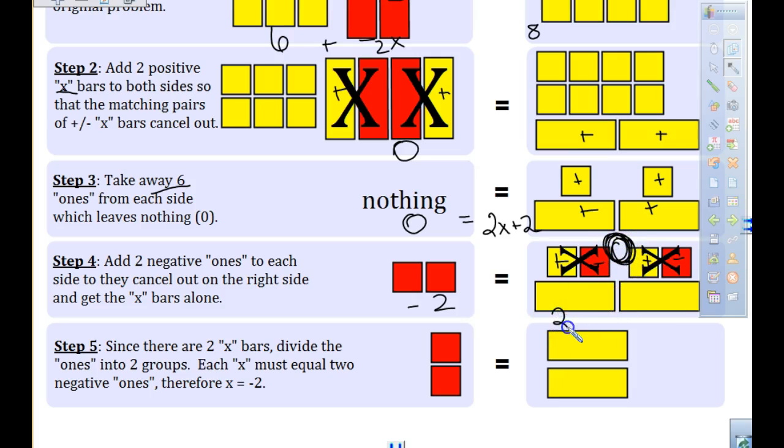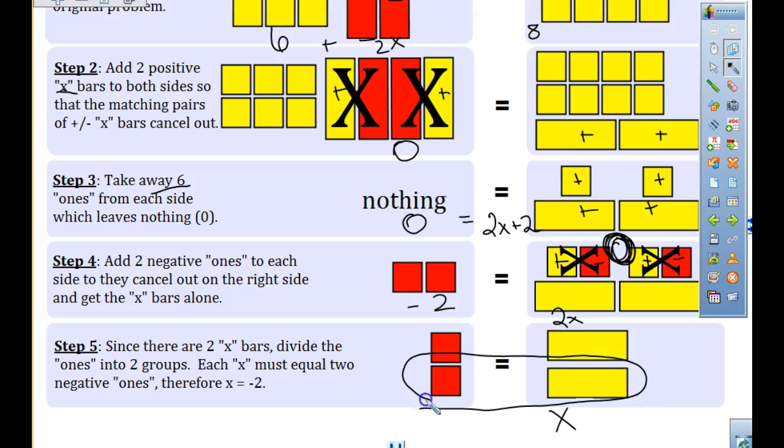So we have 2 x's is equal to -2, which means 1x is going to equal what? 1x is equal to what tile? 1x equals how many negatives? 1 negative. X equals -1. Make sure you have that down.